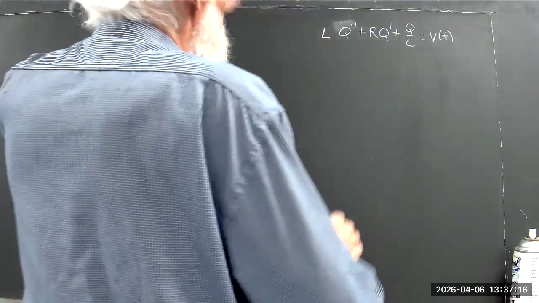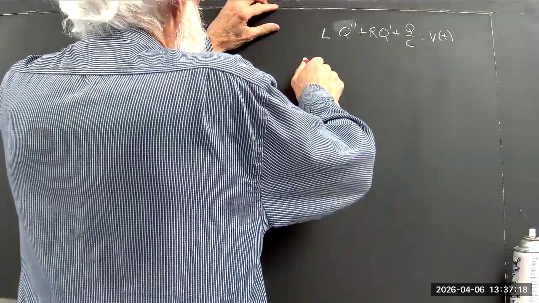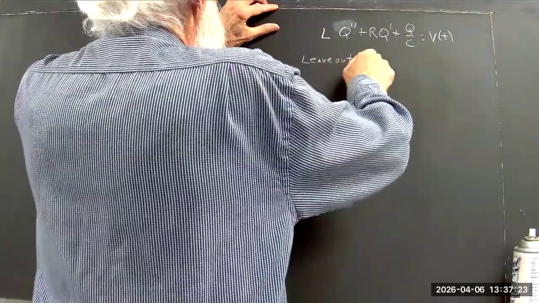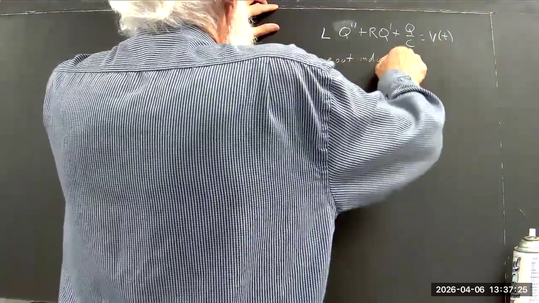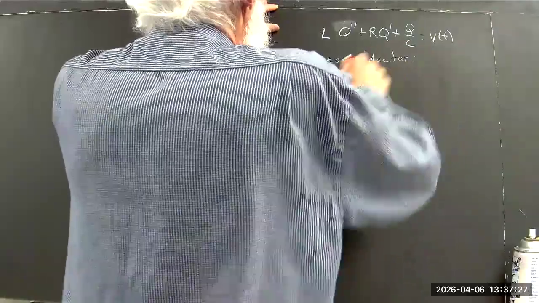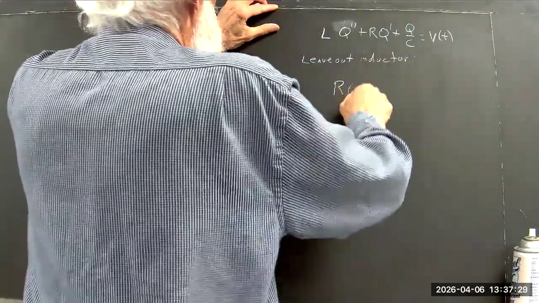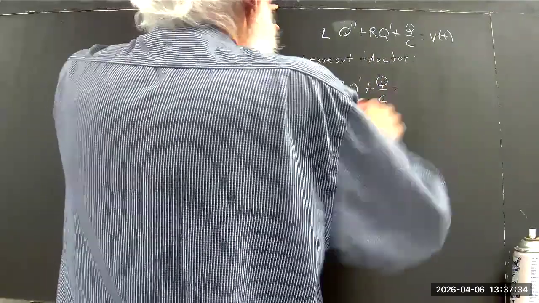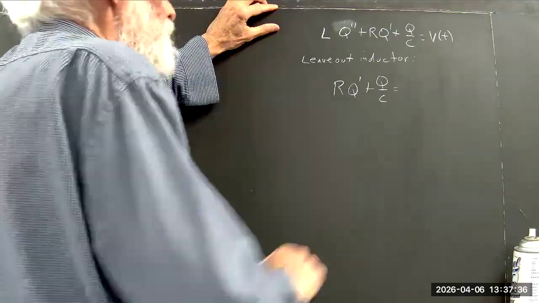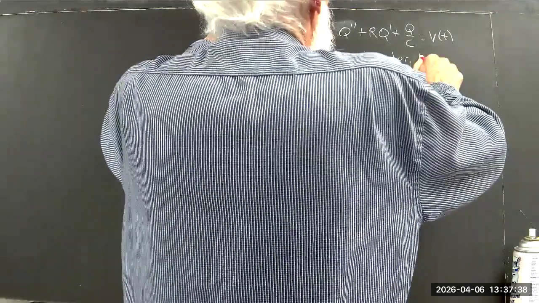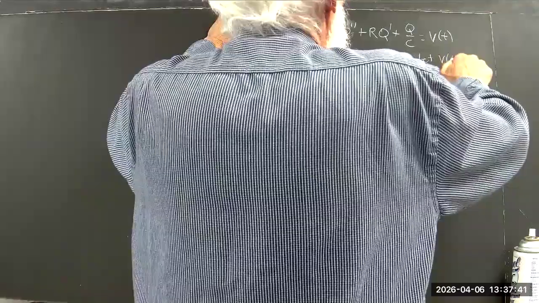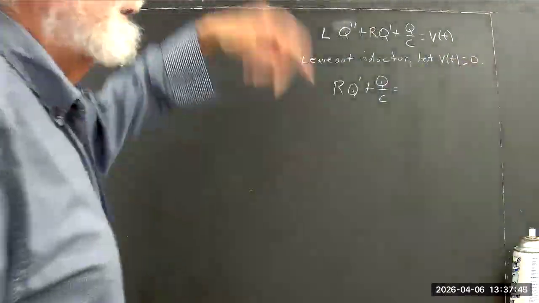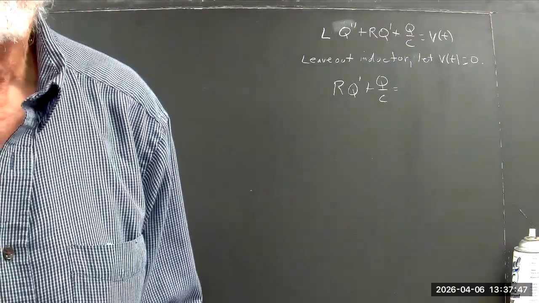Now, you leave out the inductor. Then you get R Q prime plus Q over C equals, well, let's go ahead and let V of t equal 0 just for now.